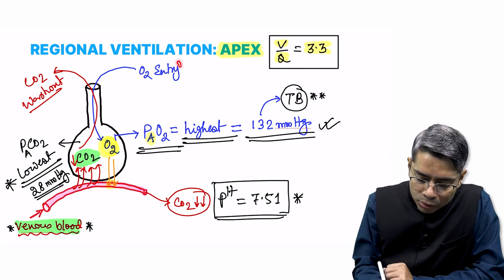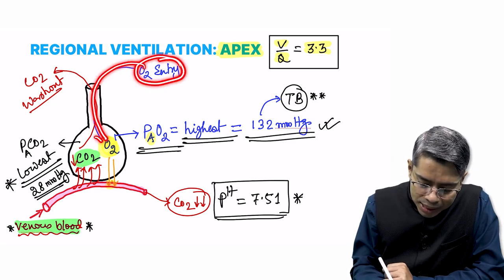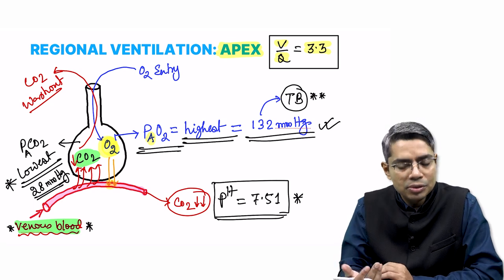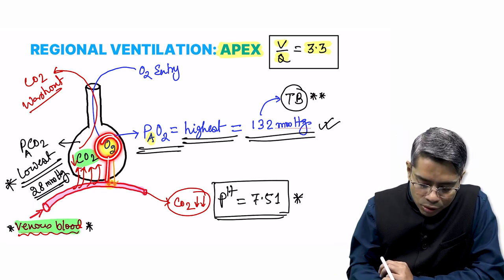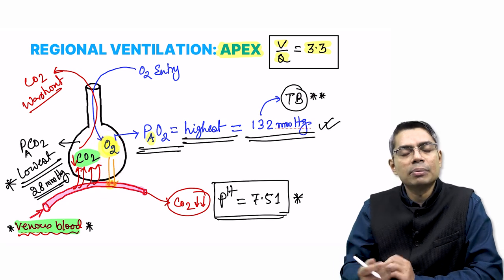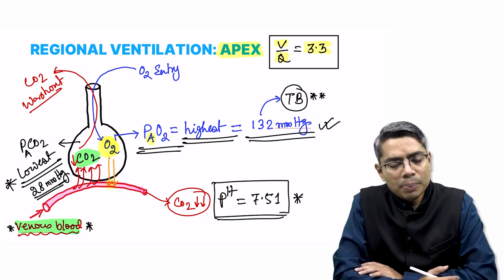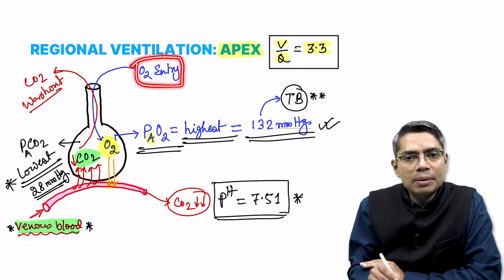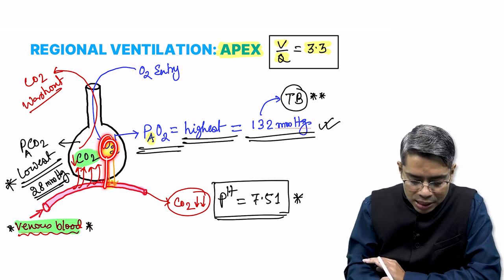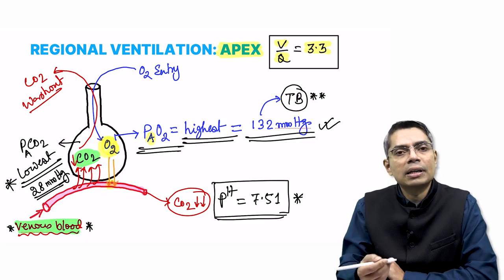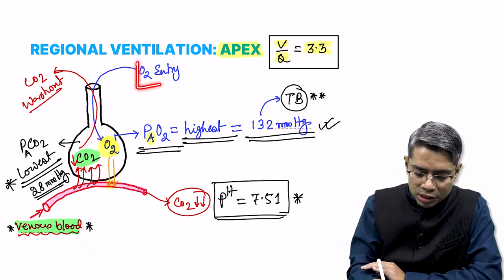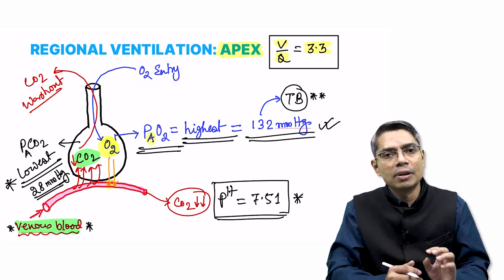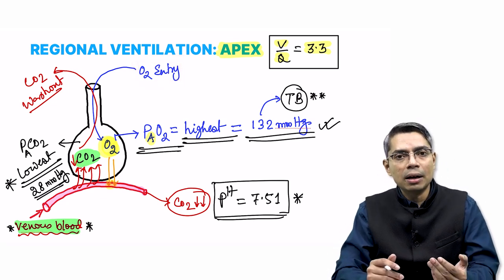Means the amount of oxygen entry which is happening in the apical alveoli is so huge that some of the oxygen is not going to get exchanged at the level of the capillary blood. So what is the basic purpose of the oxygen entry in the alveoli? The basic purpose is to deliver the oxygen to the capillary blood, but some of the oxygen which is entering in the apical alveoli is not exchanged with the capillary blood.